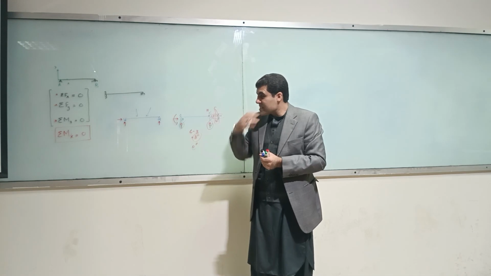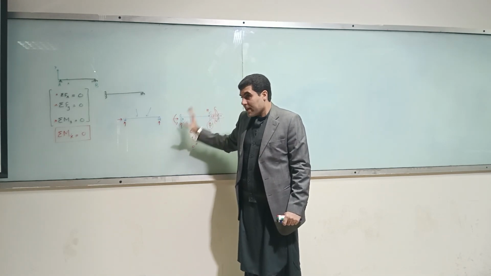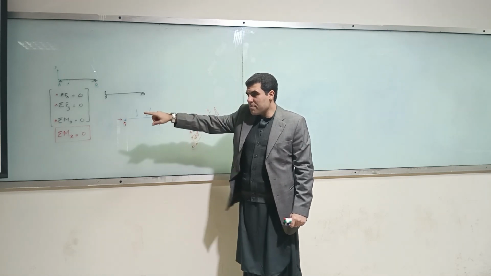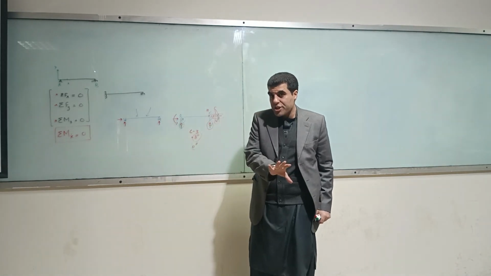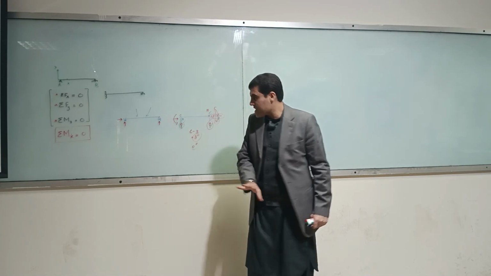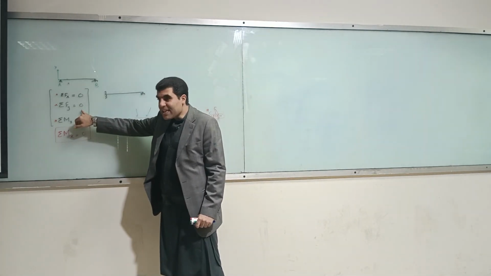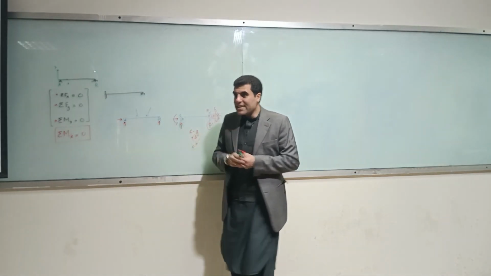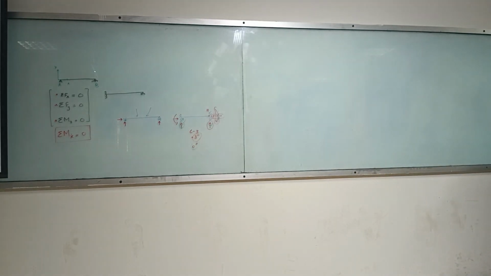For stability, it is important that your unknown reactions are never less than the available equations. Whichever structure you design, you must make sure that the unknown reactions are at least equal to the available equations. So that's what we have in the case of stability and determinacy.